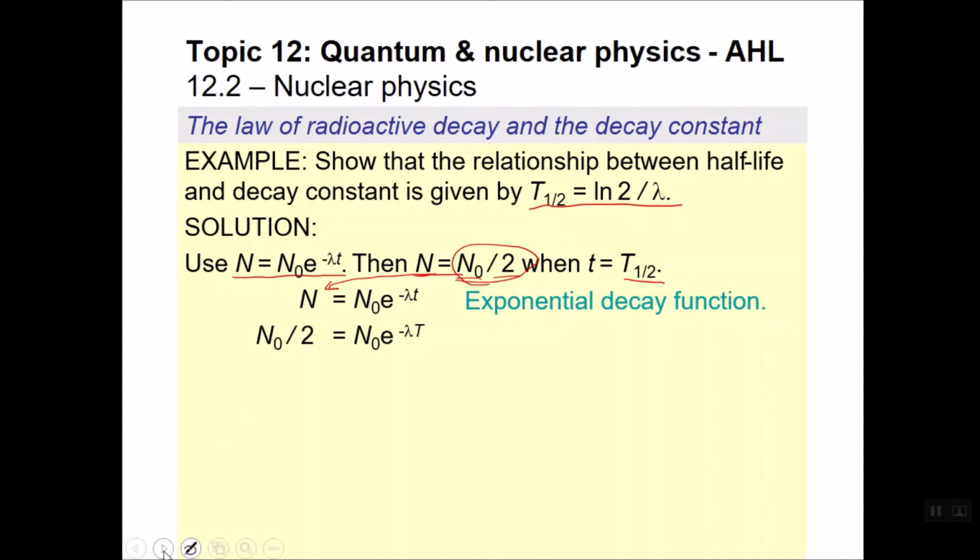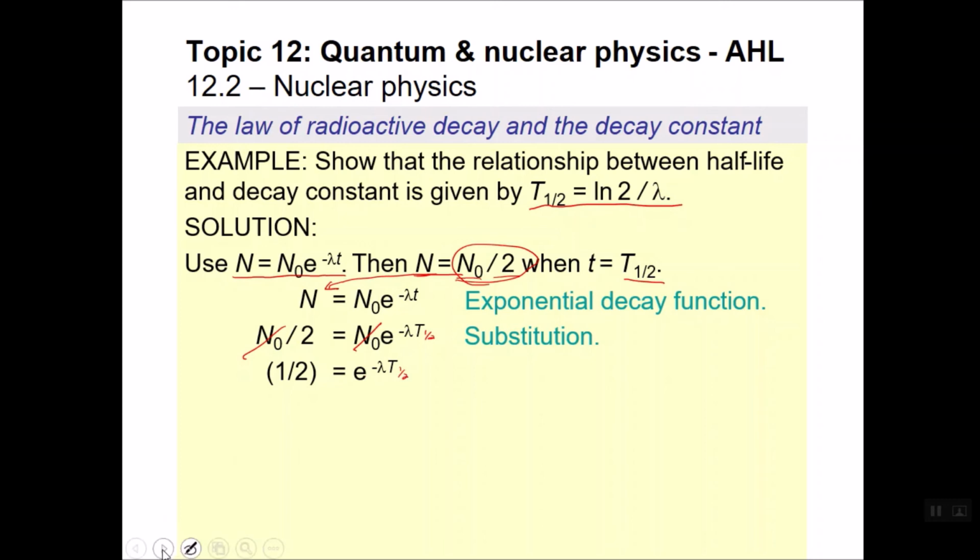So N naught over 2 goes over here. And look what we can do. We can cancel out the N naughts, and we end up with 1/2 equals e to the minus lambda T. The capital T stands for half-life. Should be written in there, but it wasn't.